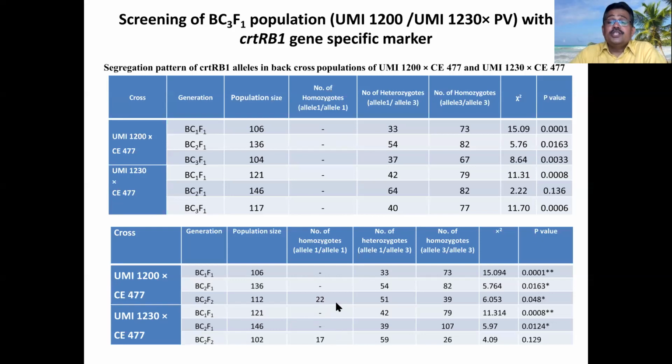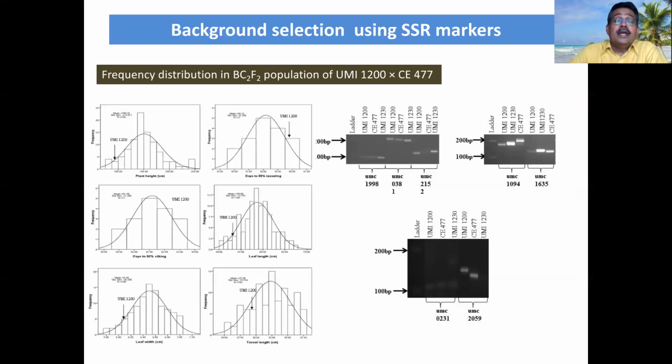Those plants now carry the trait which has been transferred into your elite background. Every backcross generation, you not only look at whether the beta carotene gene is present. In this case the marker is a gene-based marker, the marker is inside the gene, so whenever the gene is present, your marker shows the positive allele. This is why foreground selection is done.